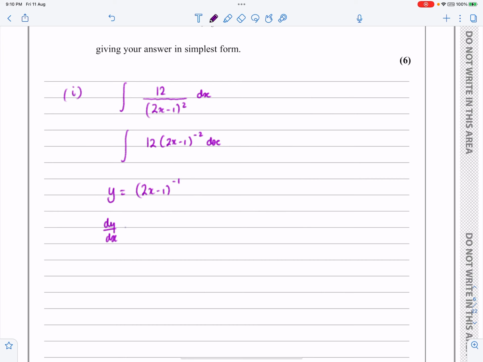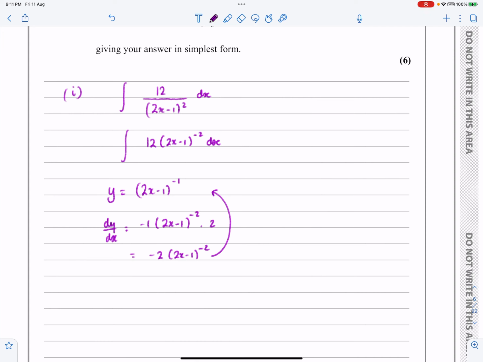So I get dy by dx is minus 1 (2x minus 1) to the minus 2, multiplied by the differential of what's in here. So multiplied by 2, or in other words, minus 2 (2x minus 1) to the minus 2. So what we can see here is that the integral of minus 2 (2x minus 1) to the minus 2 makes (2x minus 1) to the minus 1.